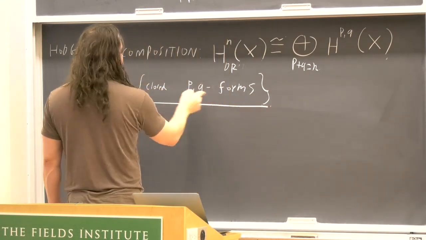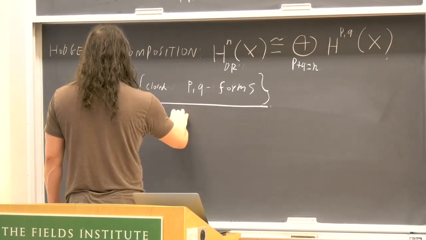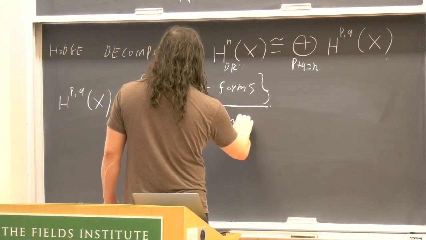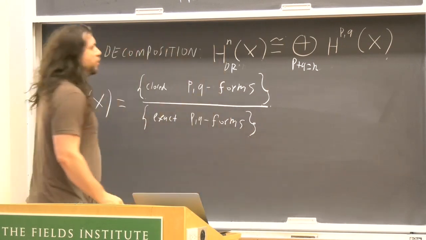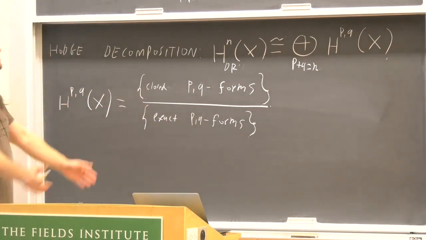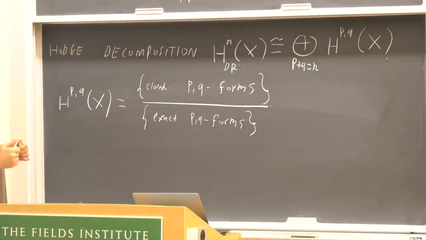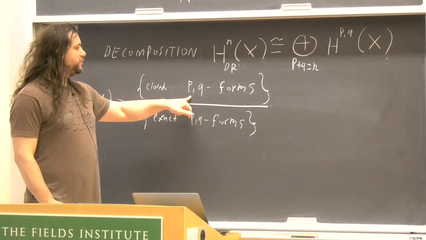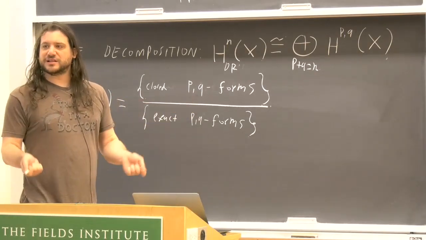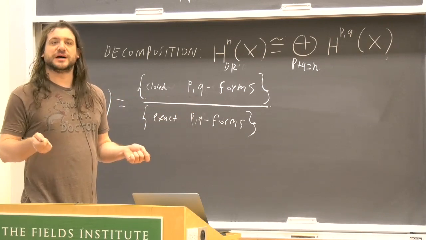I'm going to define it as just closed (p,q)-forms, not exact (p,q)-forms. Now, what is a (p,q)-form? Well, essentially, because we have a holomorphic structure, we have purely holomorphic parts, so things of the form dz, and we have anti-holomorphic coordinates of the form dz bar.